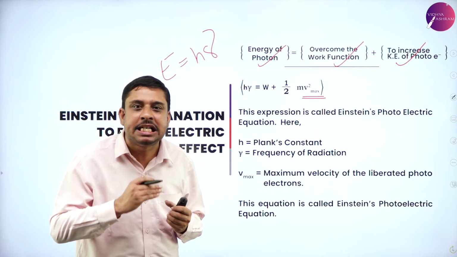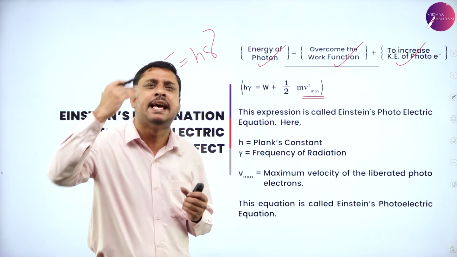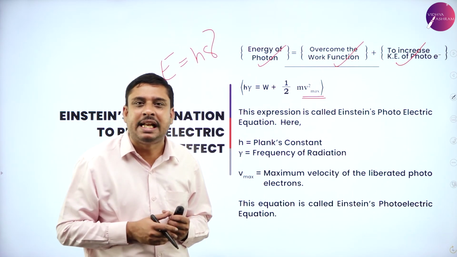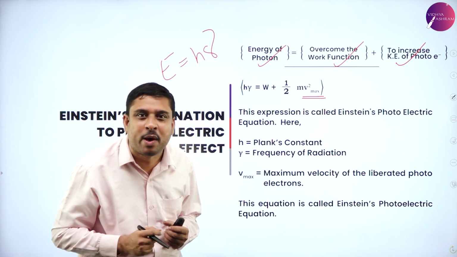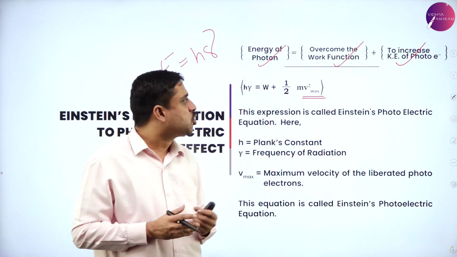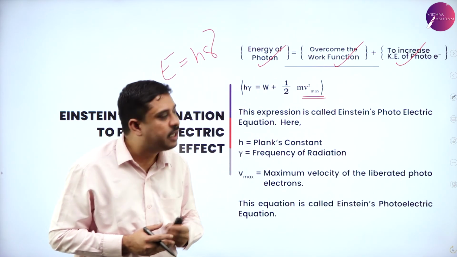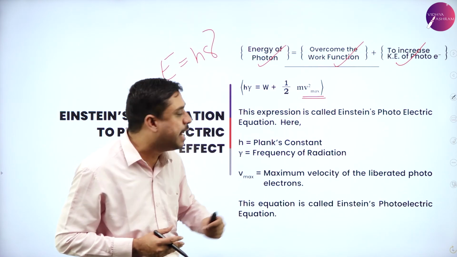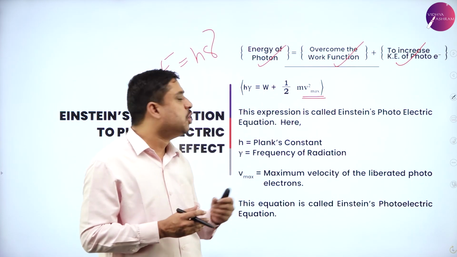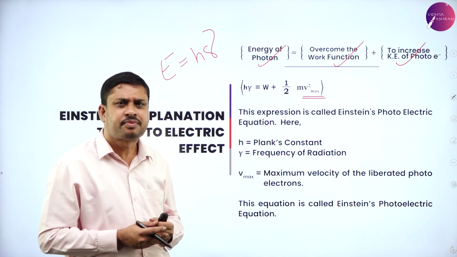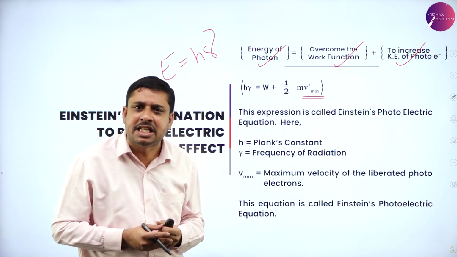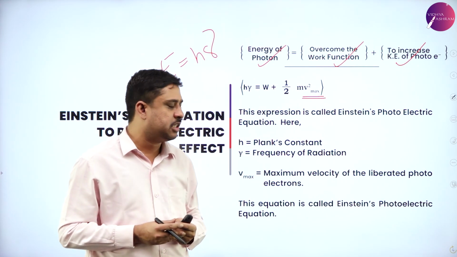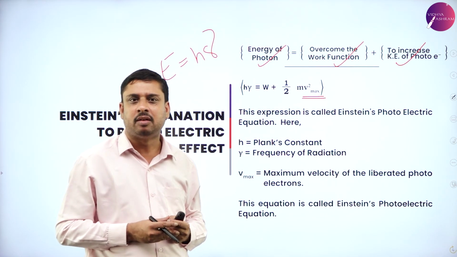Photon is transferring all its energy to the electron, and the electron utilizes this energy in two ways. First, to overcome the work function. Next, to increase the kinetic energy of the electrons. So h nu is W plus half mv square max, classically called Einstein's photoelectric equation.